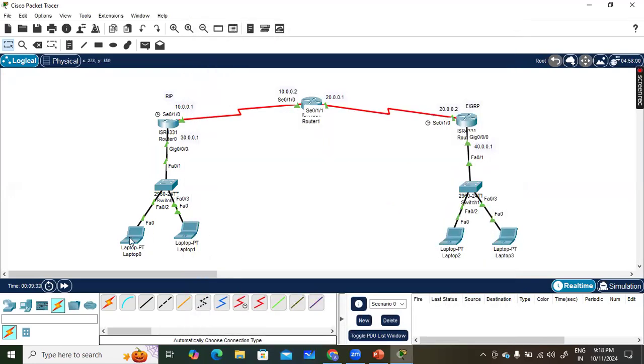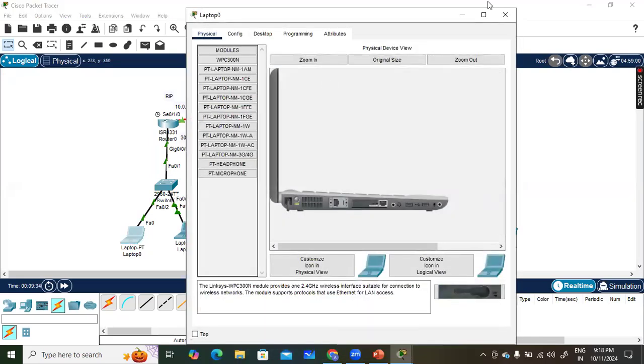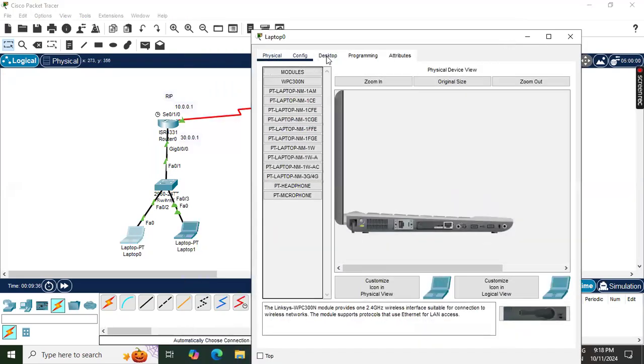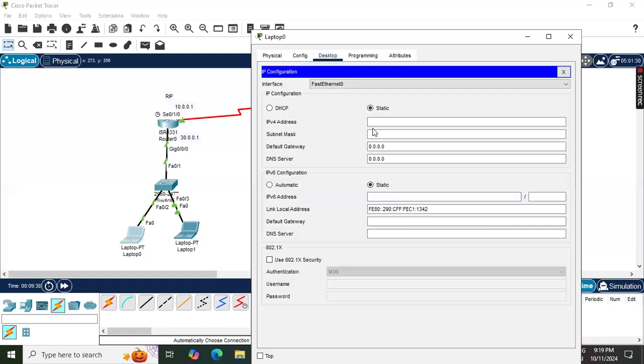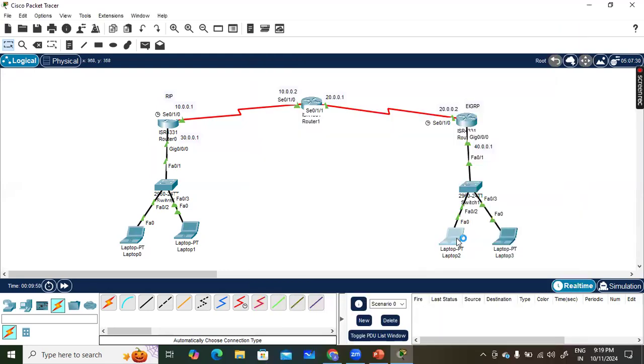Okay. So when I try to ping, let's suppose I go to desktop IP configuration and give the IP address 30.0.0.2, gateway 30.0.0.1. Okay. This comes here.